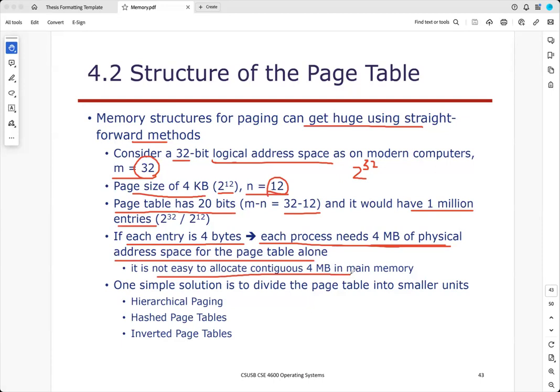If we always require contiguous memory space, we have external fragmentation. One simple solution is to divide the page table into smaller units. So here we have hierarchical paging, hashed page table, and inverted page table. Now we will talk about hierarchical paging.